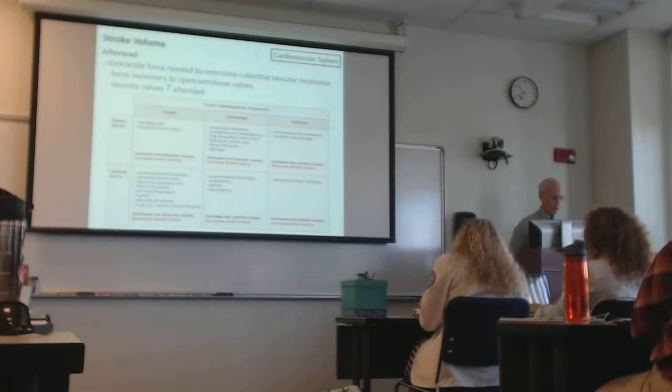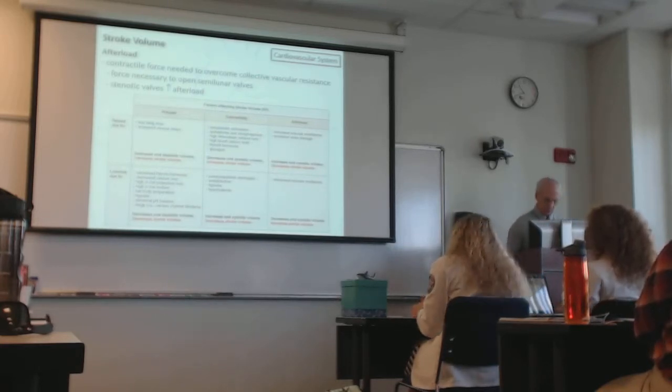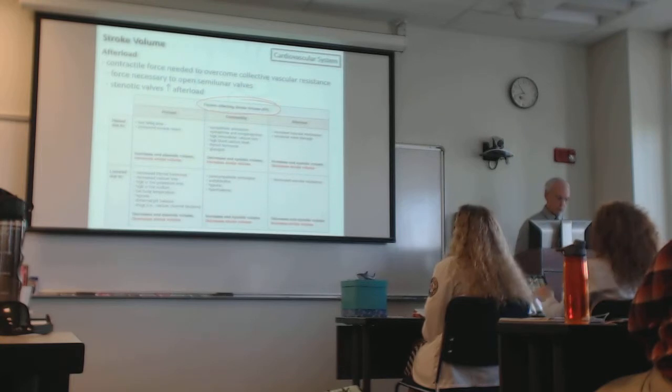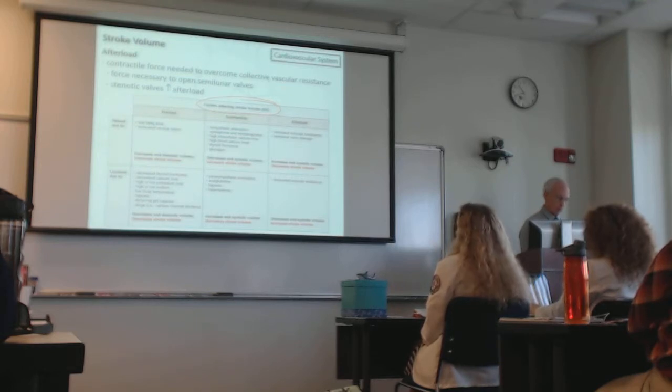So look at the table here. Let's just see if everybody can understand the terminology. The table is labeled factors affecting stroke volume. Stroke volume is raised, or at least preload is raised, if we understand the figure here. So the relationship between stroke volume and preload is raised due to increased end-diastolic volume.